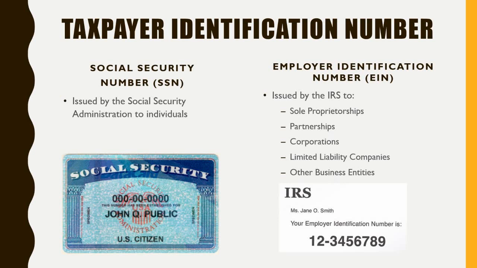However, for any type of business, you're going to go to the IRS and apply for an employer identification number. The same thing happens. It's 9 digits long. The way it looks is that it's usually 2 digits first and then the rest of the digits come afterwards.